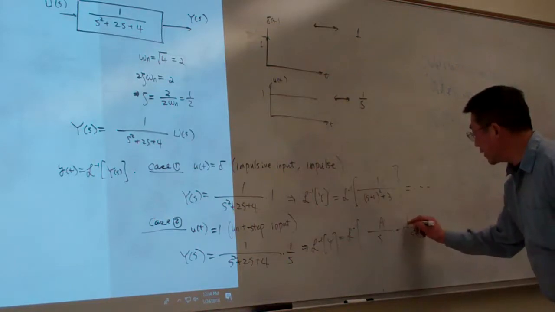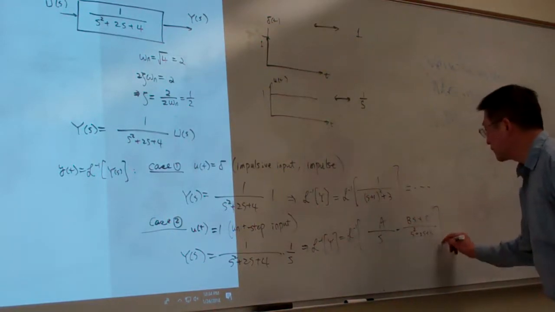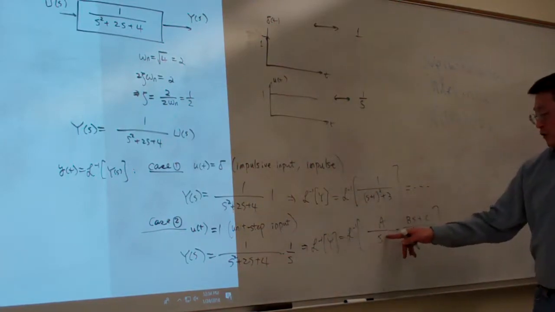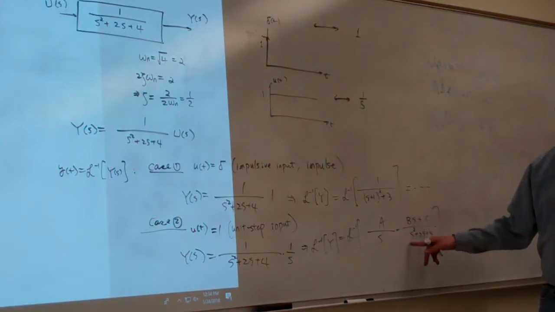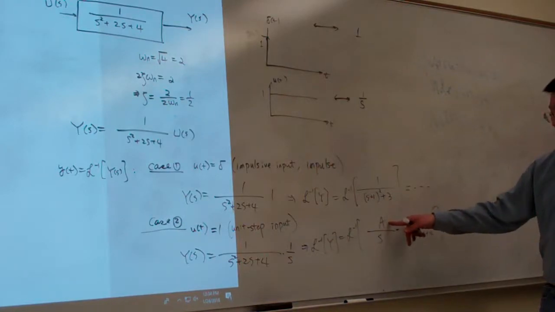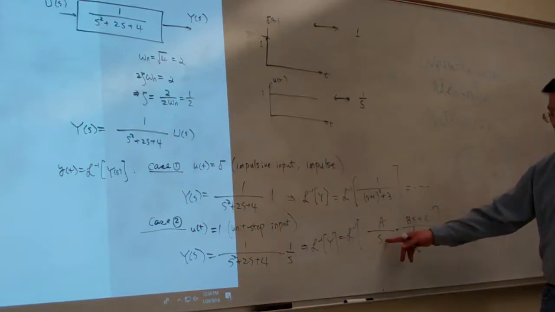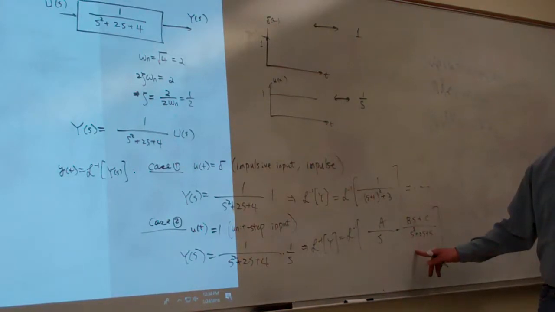Basically, we have to factorize into the simple form, find the coefficients a, b, c first, and then do the inverse by checking against the tables.